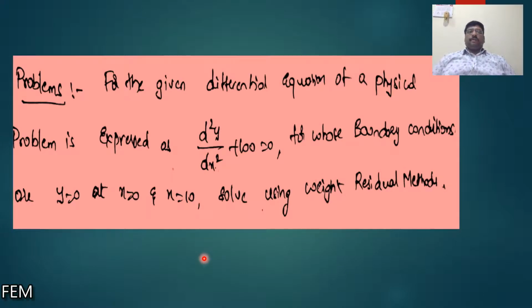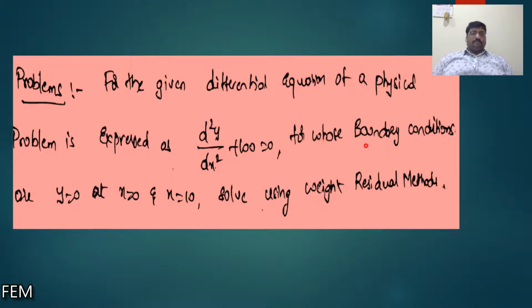In this method, a differential equation will already be given, which has some unknown displacement fields. For the given differential equation, the physical problem is explained as d square y by dx square plus 100 equal to 0. This is the differential equation which is given, and we have to solve it to determine the solutions.